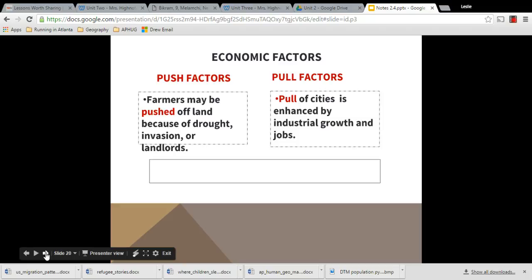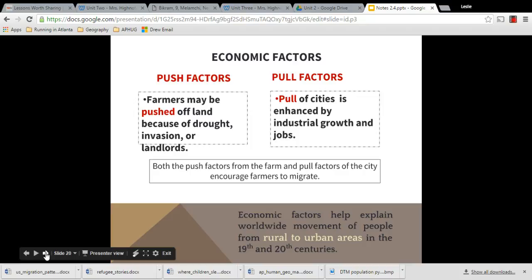They might move to cities because they have enhanced job opportunities because of industrial growth. So both push factors from the farm and the pull factors of the city encourage farmers to migrate from rural to urban areas.